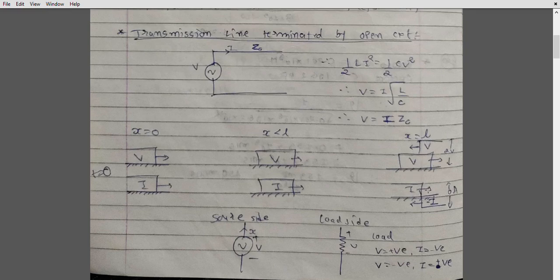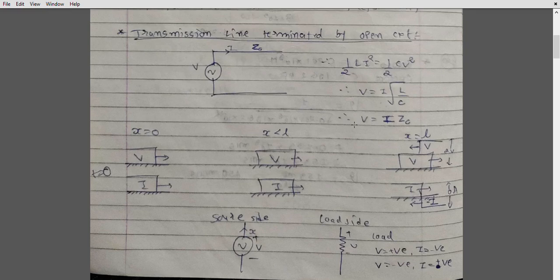Here it is I plus minus I, it will be 0. We have to assume one thing, that we have neglected attenuation of voltage and current magnitude caused by the presence of ohmic losses, such as the conductor resistance, ground return resistance, and shunt conductance, such as the presence of corona losses or insulation losses in a cable.